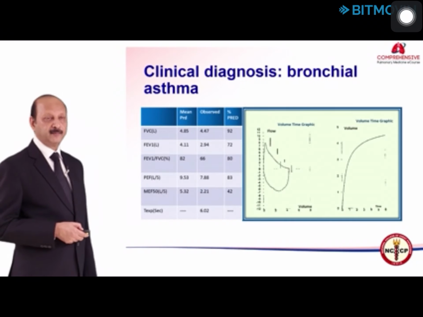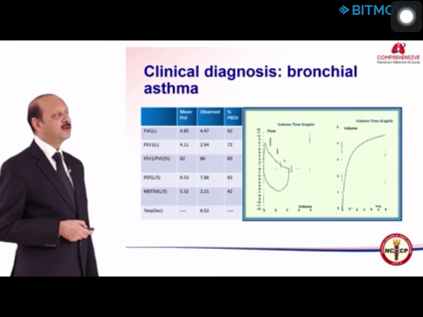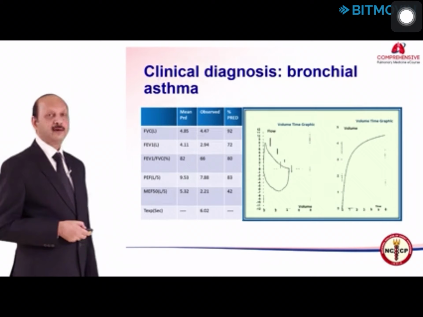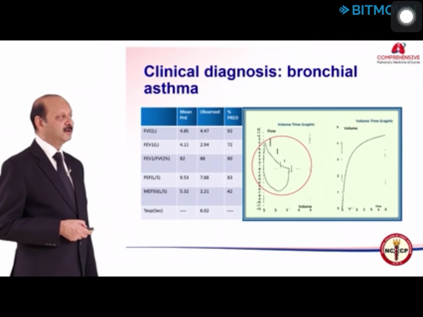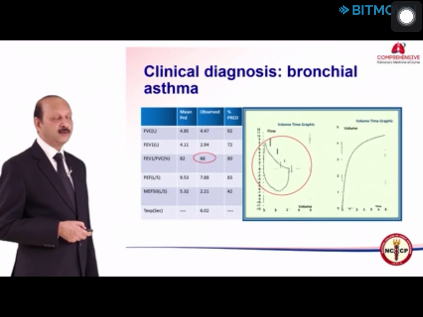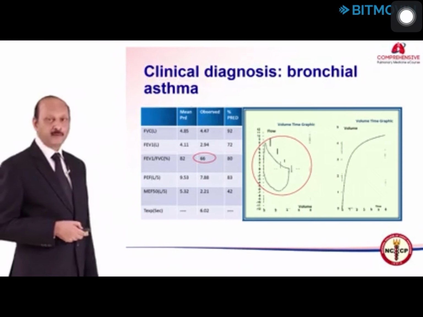Let us see some examples. This is a case of bronchial asthma referred to the lab for the PFT. So, the first step again, as I explained, will be to look at the curve, not the values. The curve is acceptable. Second step, as I discussed, is to look at the FEV1 by FVC ratio, absolute value, because here the first column is mean predicted value, the second column is the observed value of the patient, third is the percentage of predicted value.